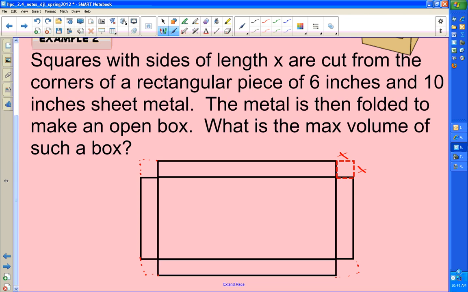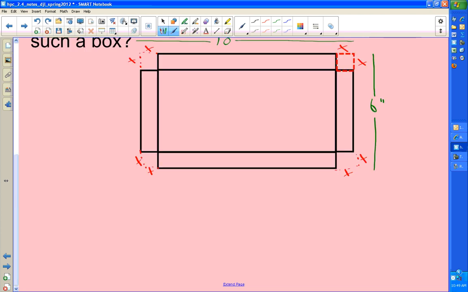So on all of these corners, we're cutting out a little square, x by x, and throwing those away. Remember, the original dimensions were 10 inches by 6 inches.